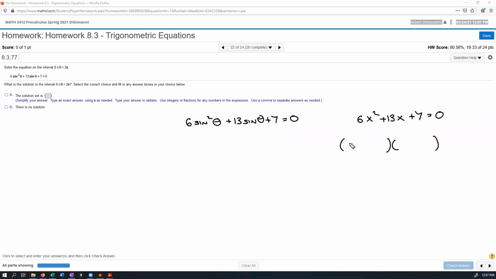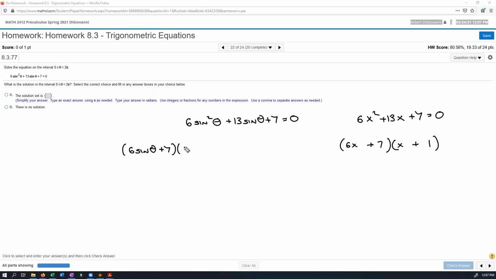I'm going to try 6x and x, with 1 and 7, plus and plus. So here we get 6x squared, then 6x and 7x is 13x, and then 7 times 1 is 7. So yeah, that works. So this becomes 6 sine theta plus 7.